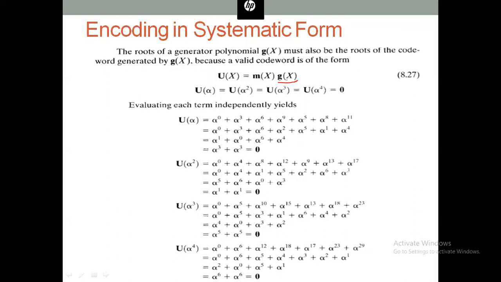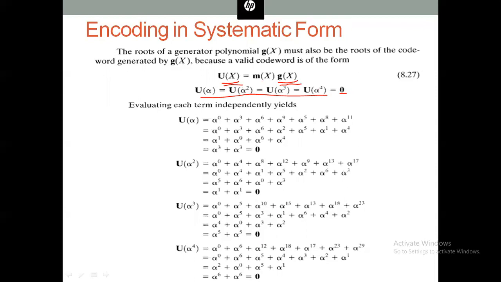So the roots of the generator polynomial will also be the roots of the code word. So u of alpha square, u of alpha 3, u of alpha 4 is also 0.